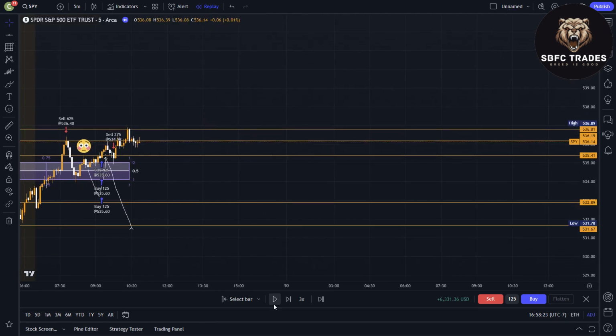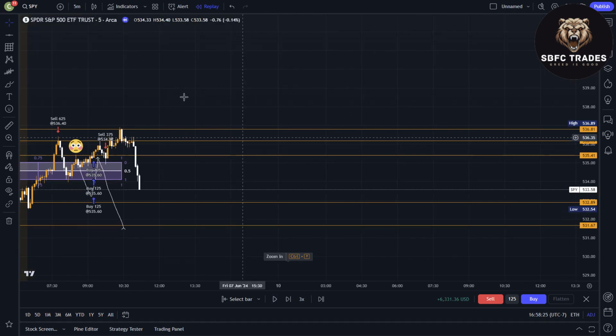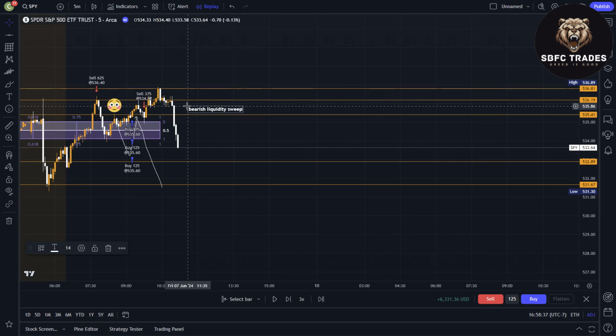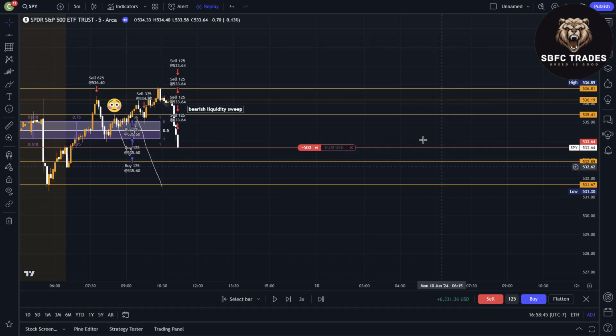Now price is looking at different zones. Right, again, I've been forgetting to write. Bearish liquidity sweep. Right. I bet you this boy has more time to dump.